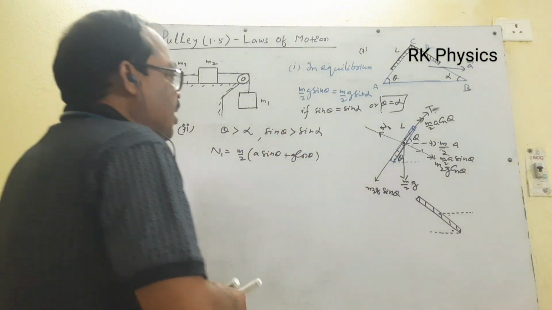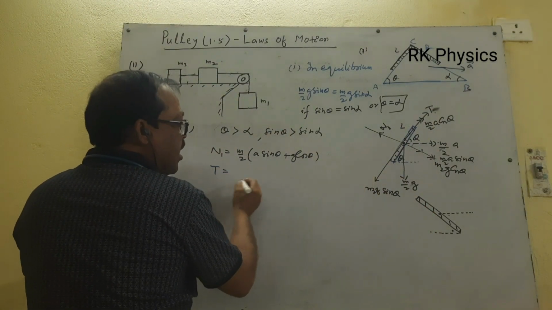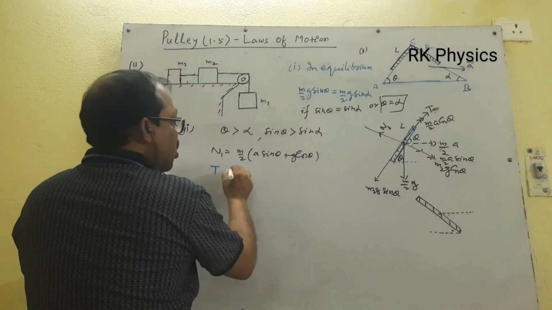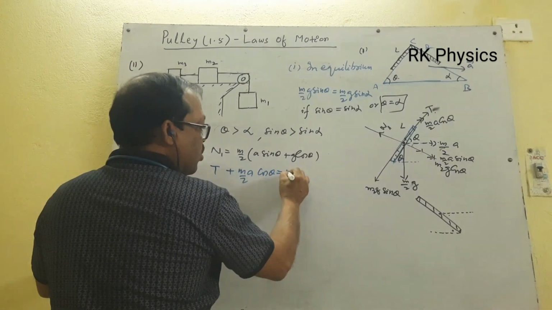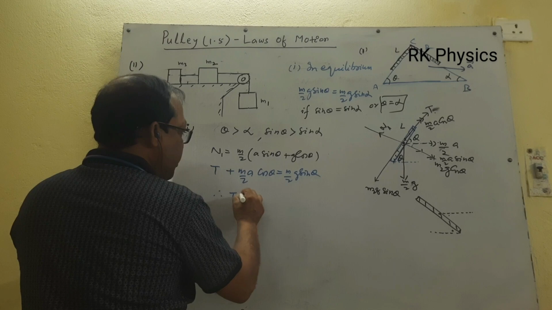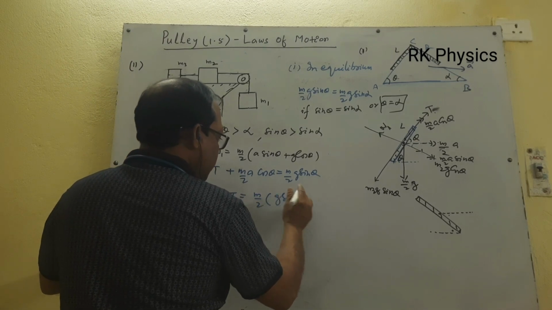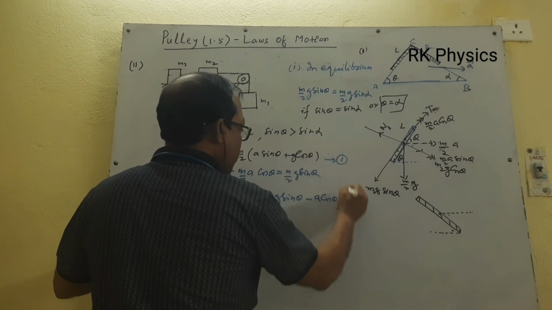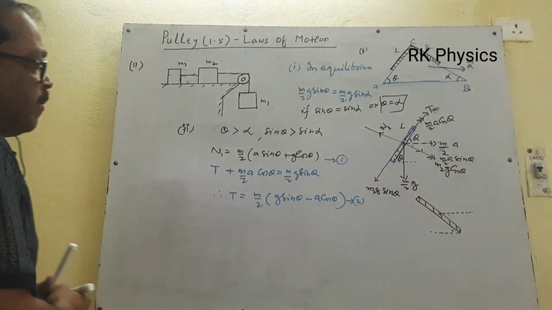Then along the tension direction you write T plus m by 2 a cos theta equals m by 2 g sin theta. Therefore T is m by 2 into (g sin theta minus a cos theta). This is equation 1, this is equation 2. Our aim is to calculate a.